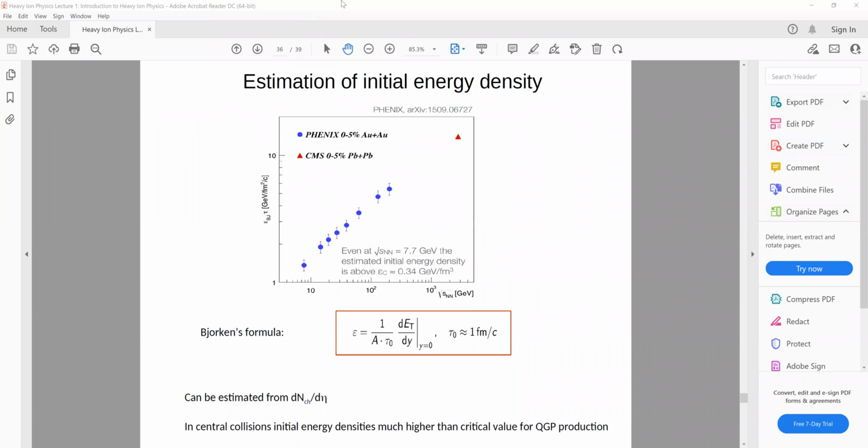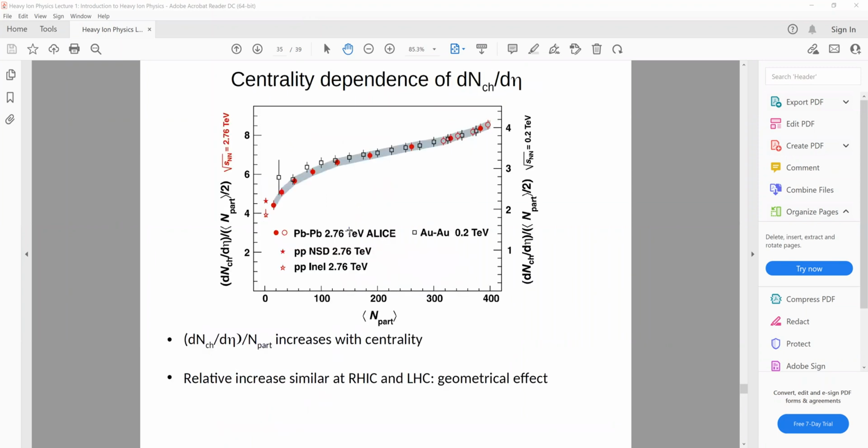May I ask one question? Hello, yes Saurabh, why not? In your N-part scaling plot, this dN/dη charge data scaled with N-part for Cu-Cu, Au-Au 200 GeV and Pb-Pb 2.76 TeV, which is a geometrical effect.